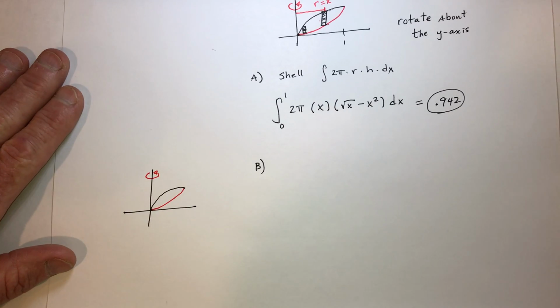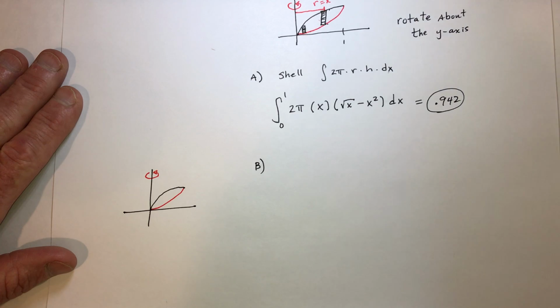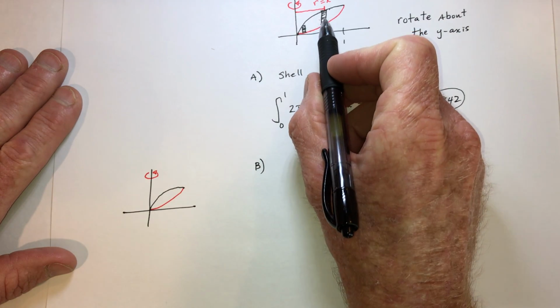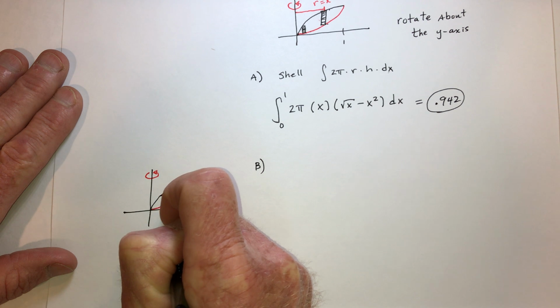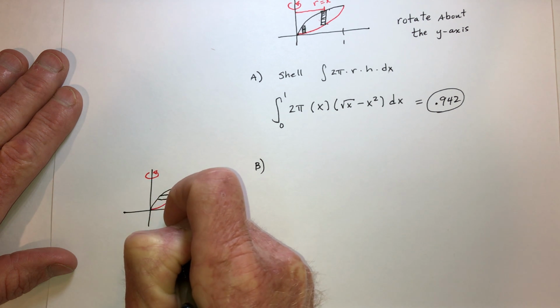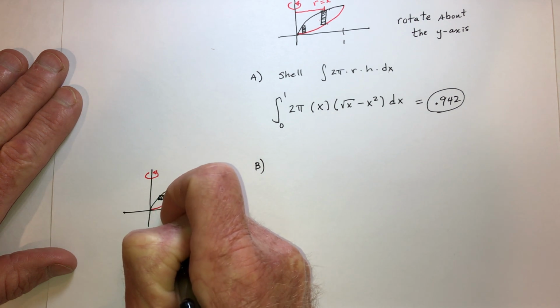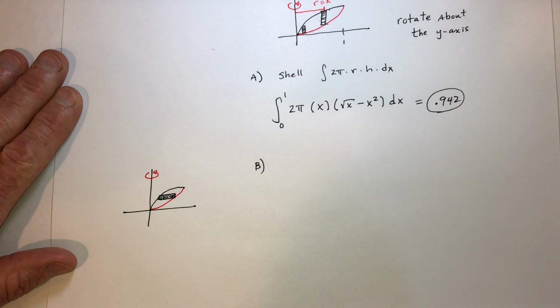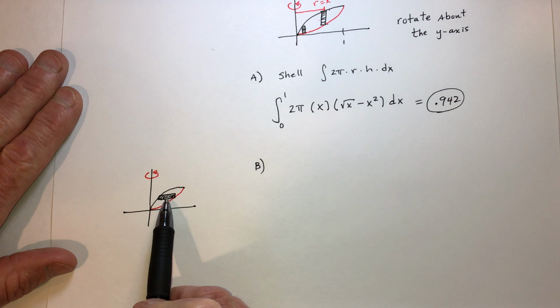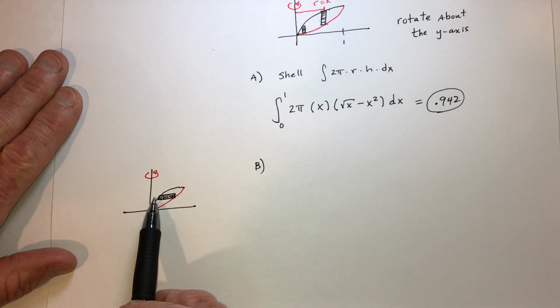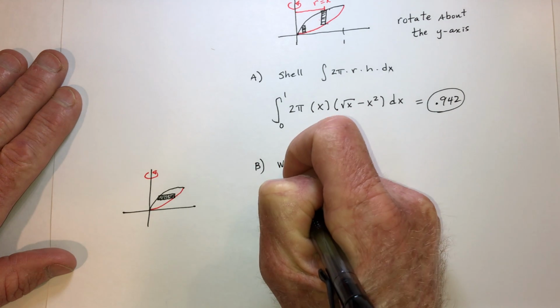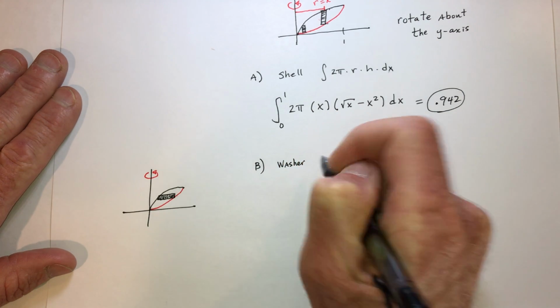So it's the same shape and it's still rotated around the same place. This time it was vertical for the little rectangle, so this time it's going to be horizontal. Okay, so this rectangle is perpendicular to this line and it's got a gap. That means we need to use the washer method.